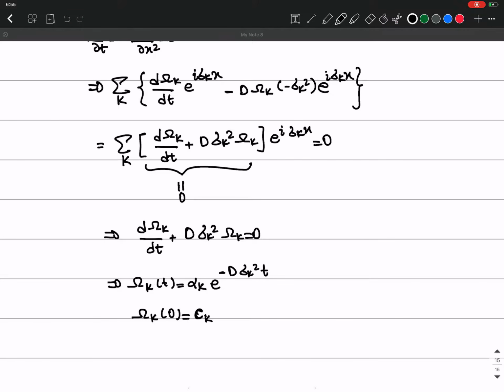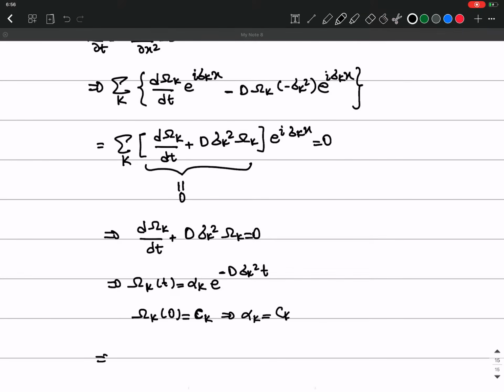Okay, so alpha_k equals c_k, right? Because at time 0, this exponential is going to be 1, and these two should be equal, so alpha_k should equal c_k.